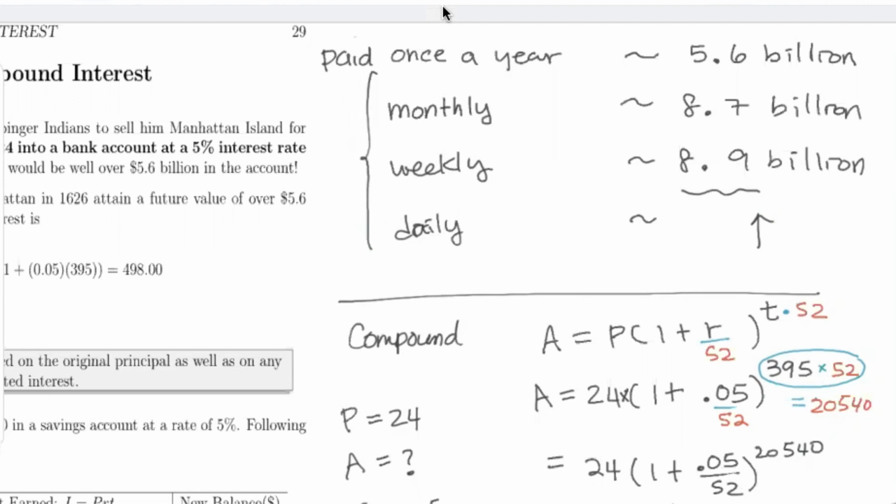If you get interest every year, you only get interest every year, right? If you get interest every month, you get interest on interest, and then interest on interest. So you have interest on interest 12 times a year. If it's weekly, you have interest every week, and you have interest on interest. You know what I mean? That's the power of compounding. Compound is interest on interest. You see how powerful it is?